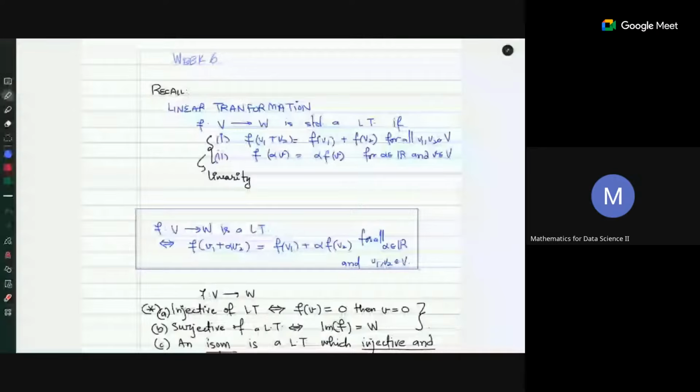Okay, so before we start, let us first recall what a linear transform is, or linear transformation, or linear map. You can call it however you like. It is a function from a vector space V to W. The vector space V is called the domain, in terms of the function definition, and W is called the codomain.